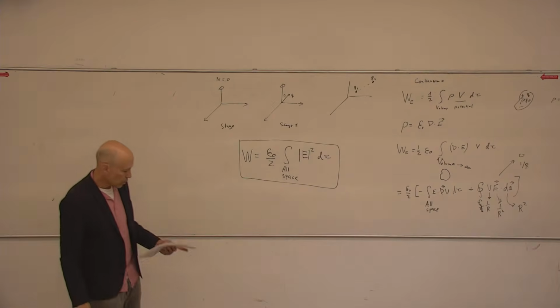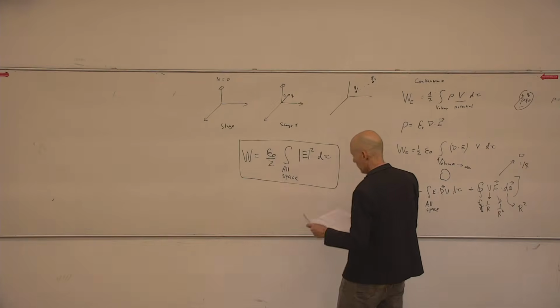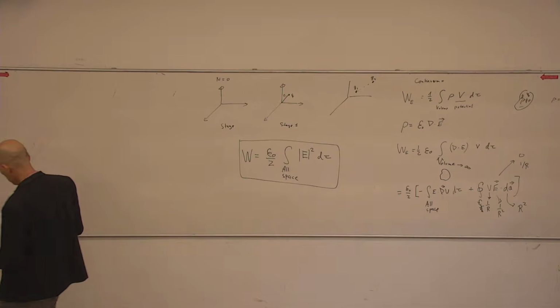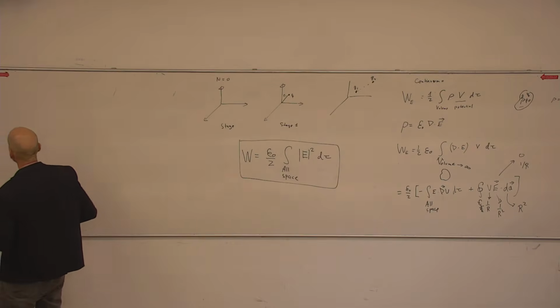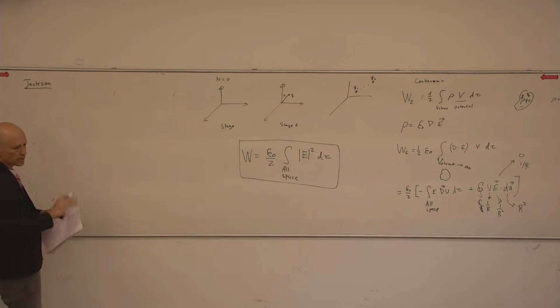So anyway, what we could do as an exercise, I'll not do it, but this is not in Mr. Griffith's book. It's in a great book, which is way more complicated, called Jackson, electrodynamics. This is an old book.